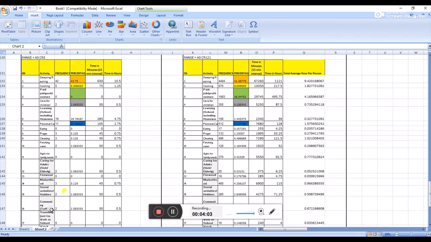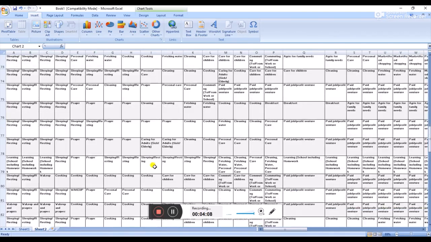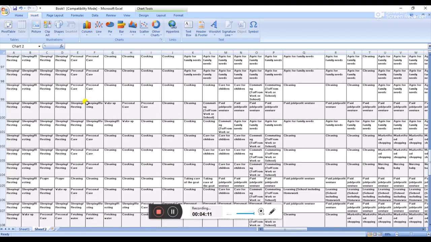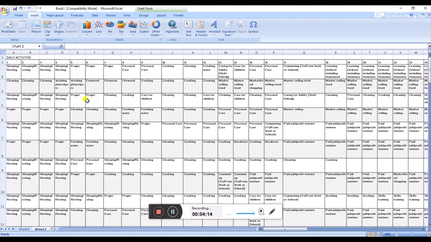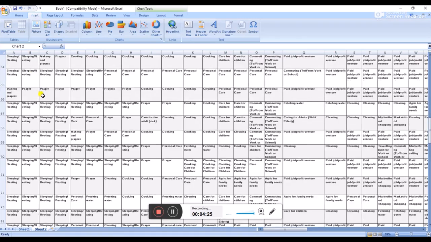Another way is if you have not a single column, but a range of cells that has a lot of fields in it. For example, this is an activities table that picks data on the daily activities of different individuals. This was done for about 119 individuals.